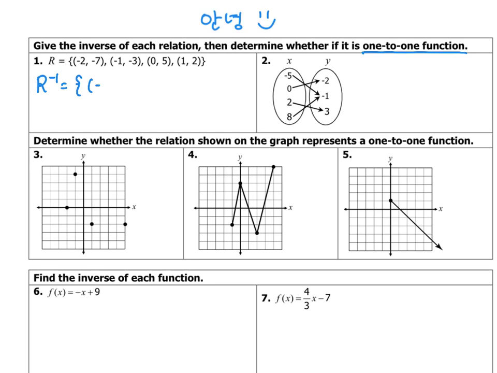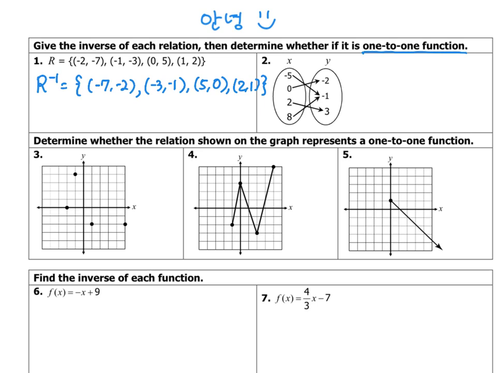You need to switch x and y and make an ordered pair. So from here, how can we find if it's a one-to-one function?